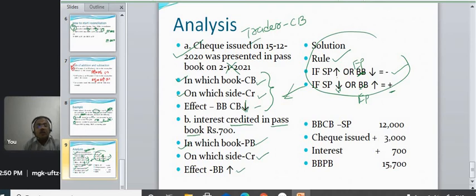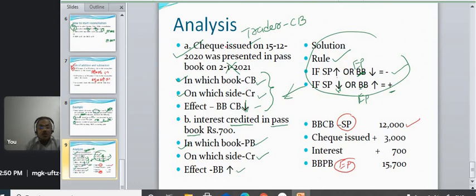Now, we are given BBCB as my starting point. It is 12,000. As BBCB is the starting point, my BBPB is my end point. Now, your job is to identify from this analysis whether the effect is on the starting point or on the end point, then apply the rule of addition and subtraction. Let's analyze.